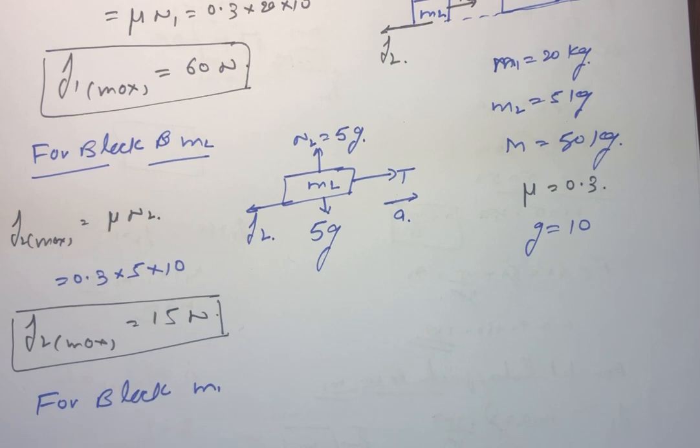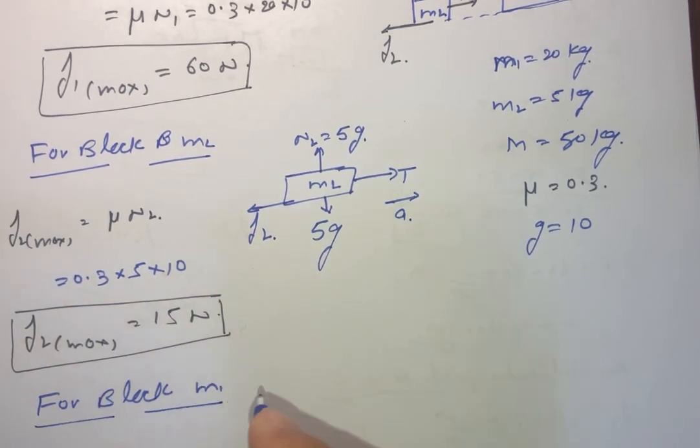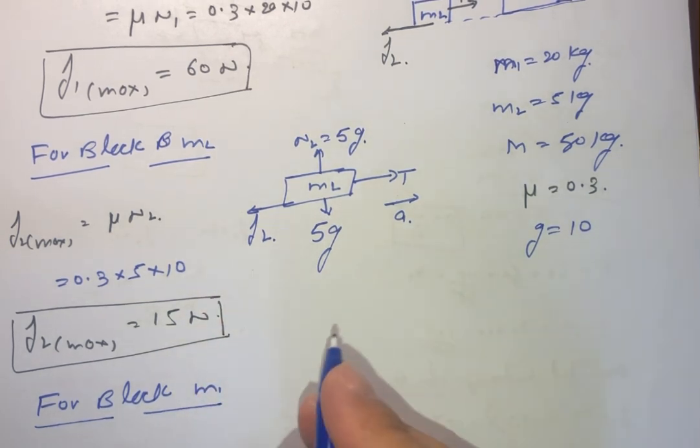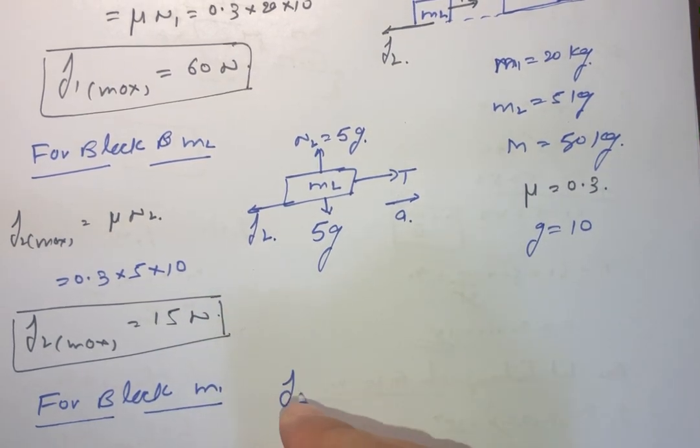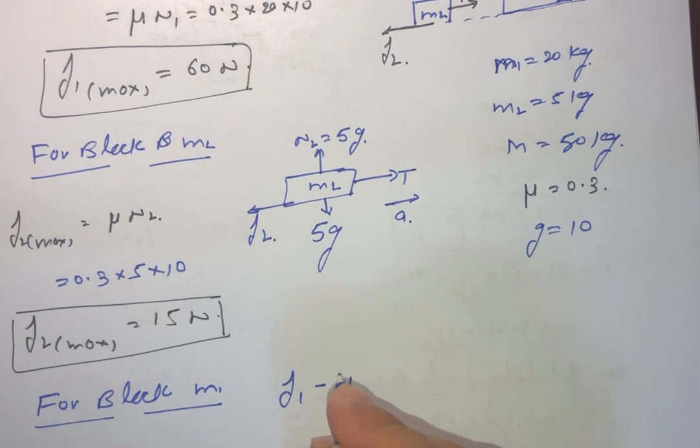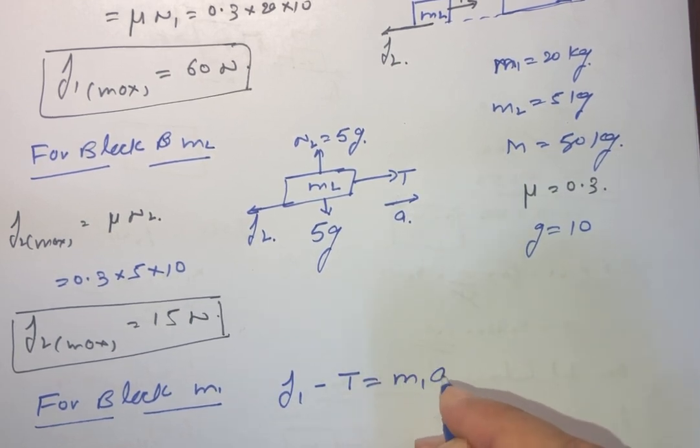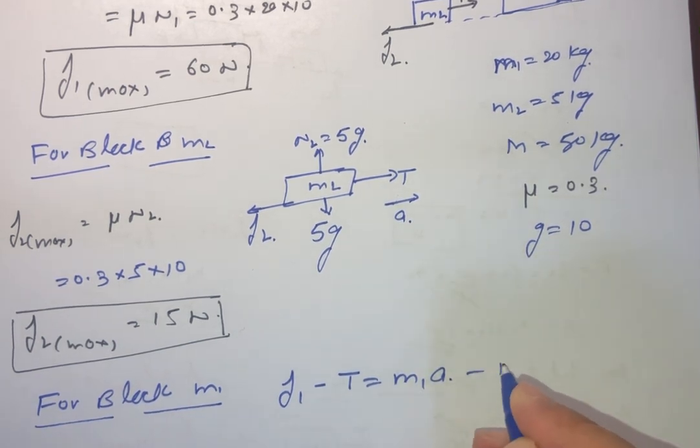For block M1, it will be F1 minus T, and that will be equal to M1 into A. Let this be equation number 1.